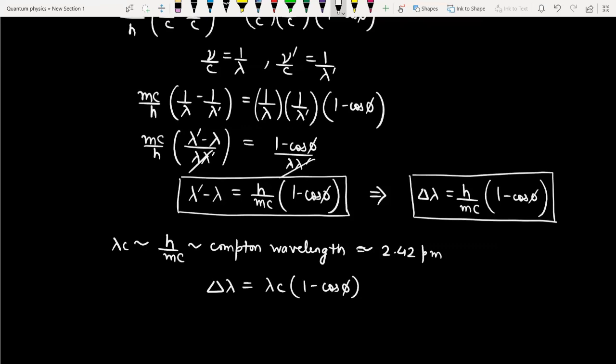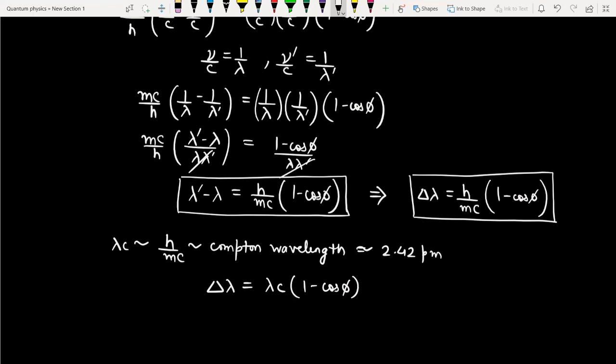Now you know what this angle phi is. This angle phi is the angle between the normal, the x-axis, and the direction in which the photon gets scattered.